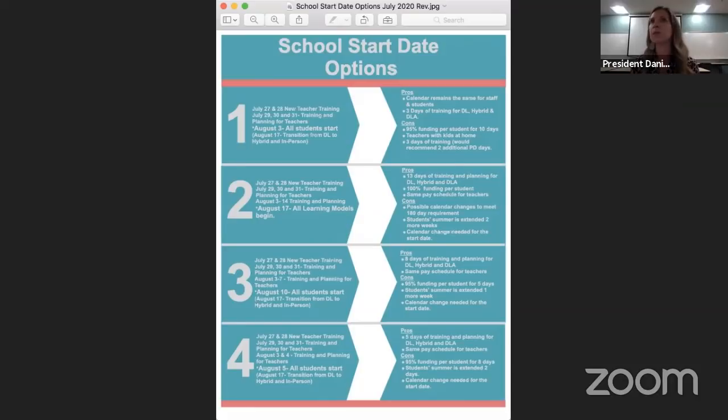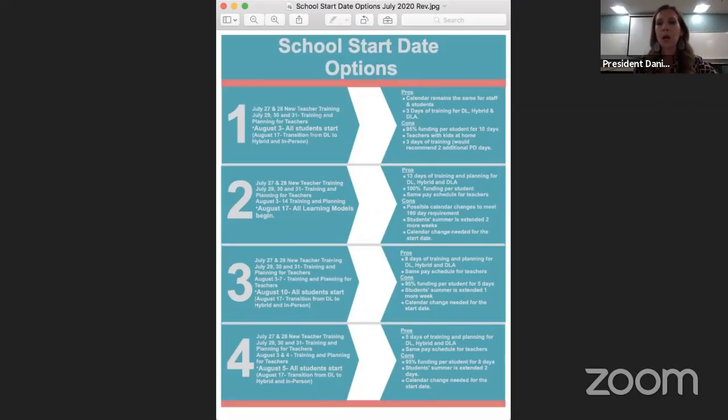We don't. It could be September 1st. It could be September 15th. And I would hate for us to get to August 3rd or August 5th and the governor says, you just can't do it. It's not safe. We're going to push it back. And then we're literally pivoting on 24 hours notice, which we have done before, but we have time now to plan. So in my opinion, I think number two is probably not the safest bet, knowing that that date could be pushed.